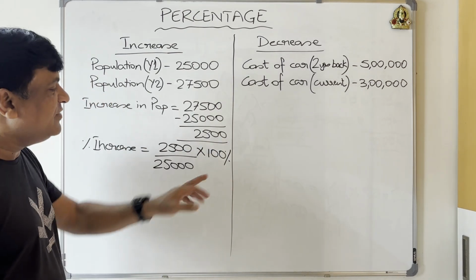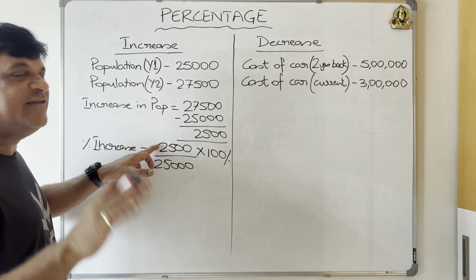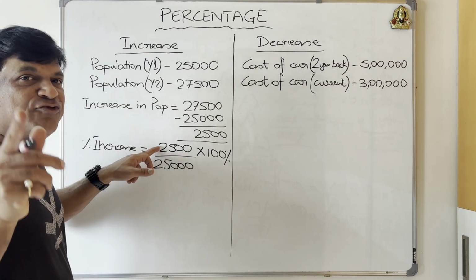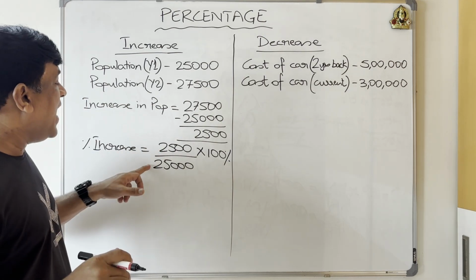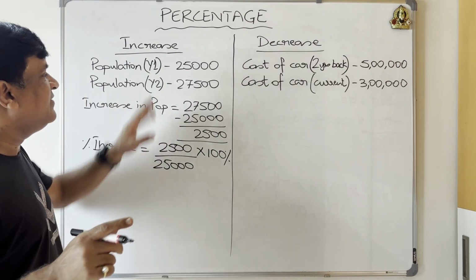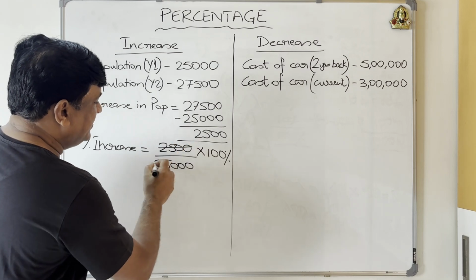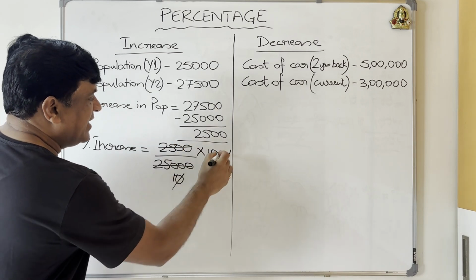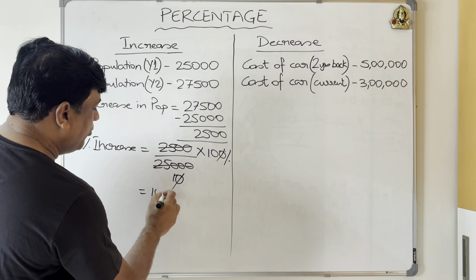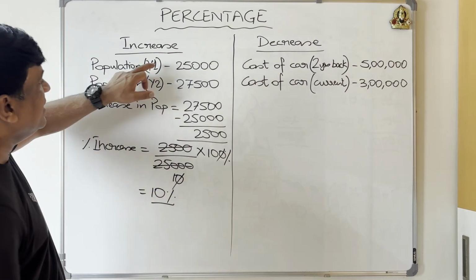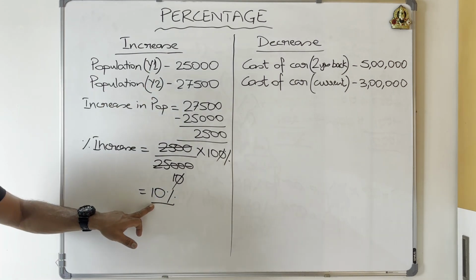We want to get the percentage, so you have to multiply it. It's the same concept like the marks you have scored in the exam by the total marks, and into 100. So if you look at it, the population increase between year 1 and year 2 is 10%.